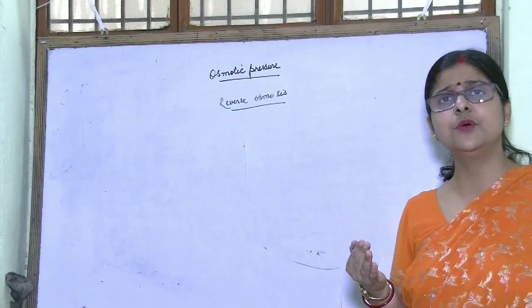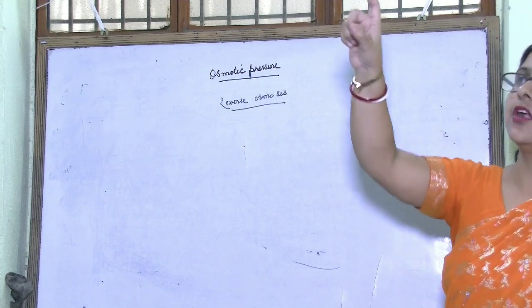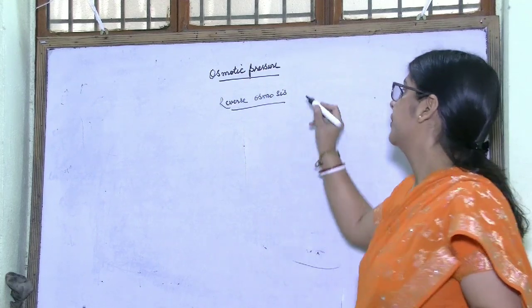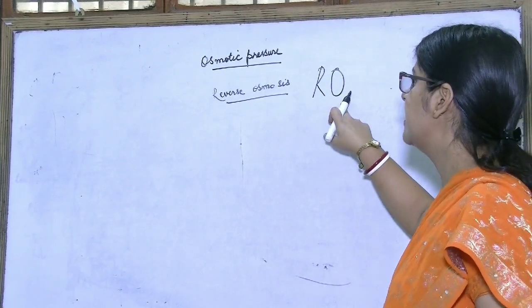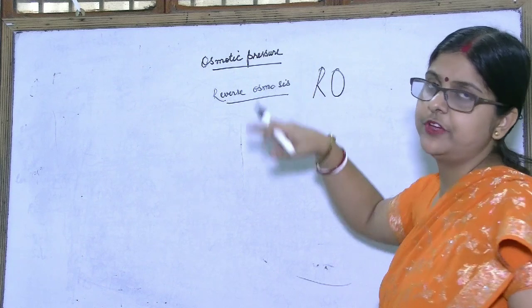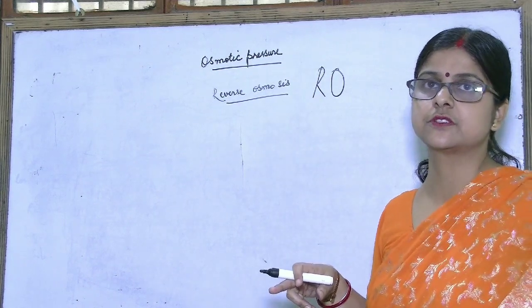You can see this phenomenon in your schools also. Normally in school you will see that RO water is written. So now you can understand that for purification of water they are using the reverse osmosis process.